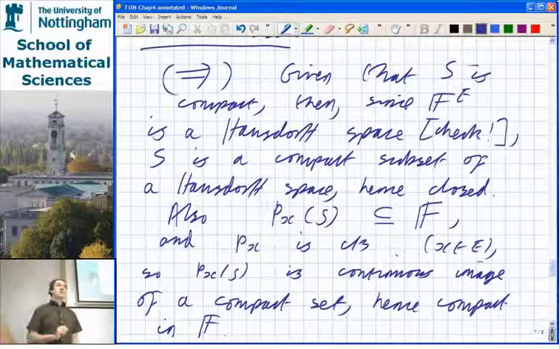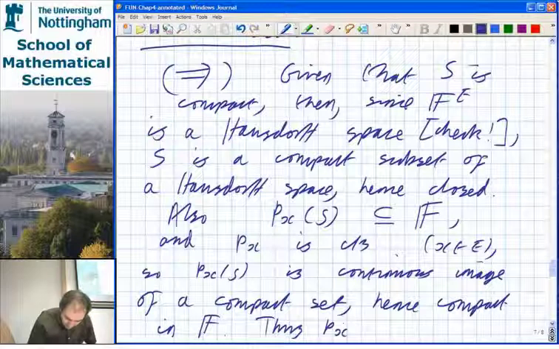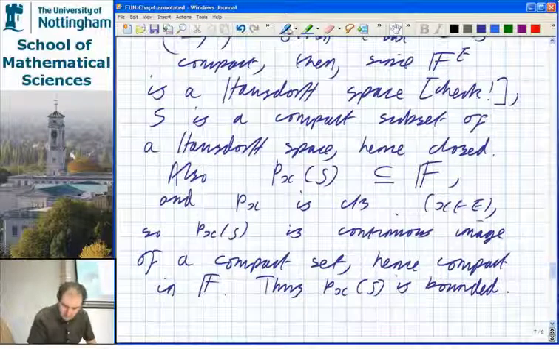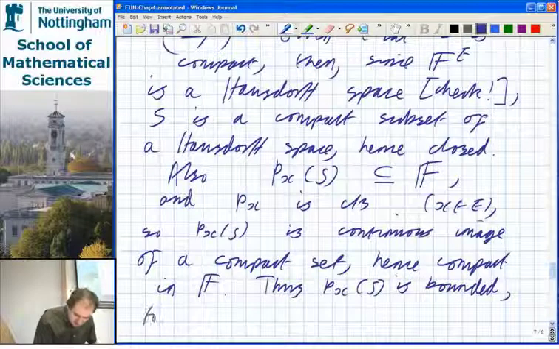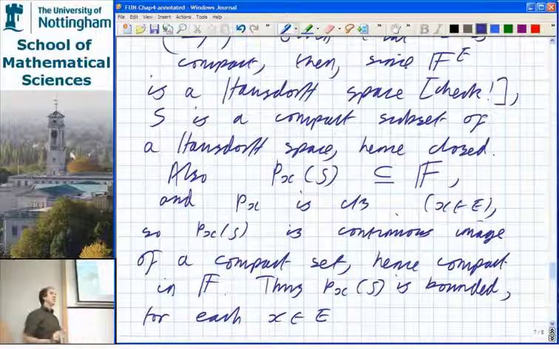You're compact if and only if you're closed and bounded. We don't need the closed bit here. We just need to say that it's bounded. That's for each x in E, but possibly with a different bound. This shows that S is pointwise bounded.